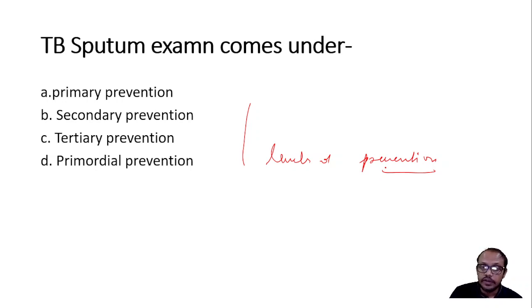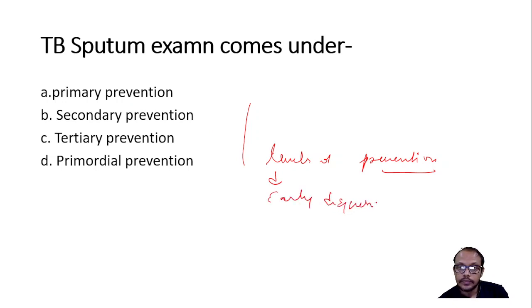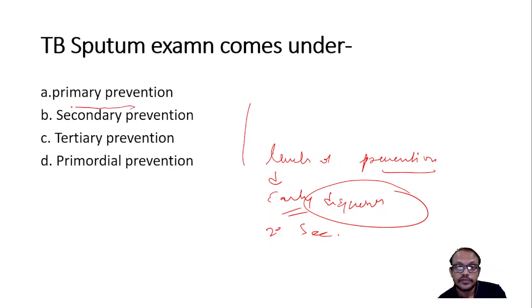AFB staining is given so that acid fast bacilli can be easily seen under LED microscopy. So it is part of early diagnosis, and the diagnostic part is in secondary prevention. So here the answer should be secondary prevention.